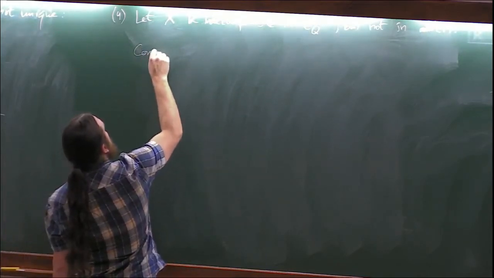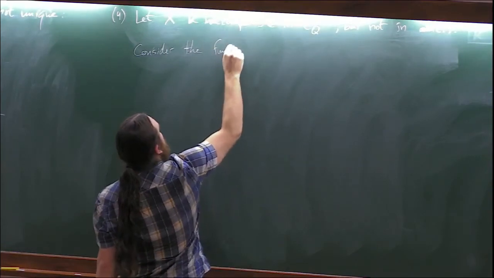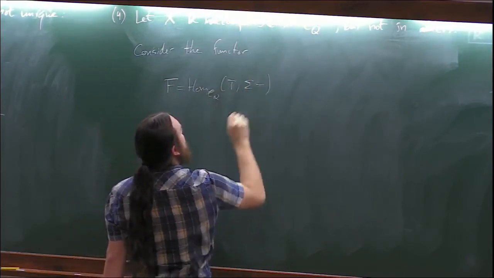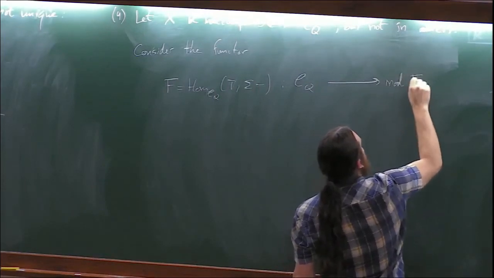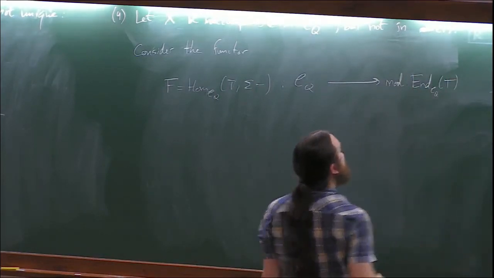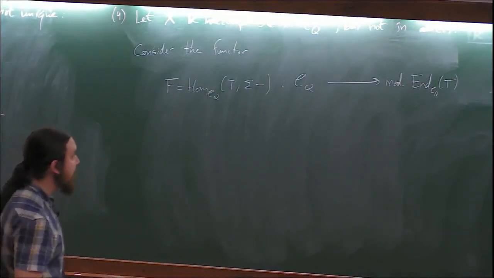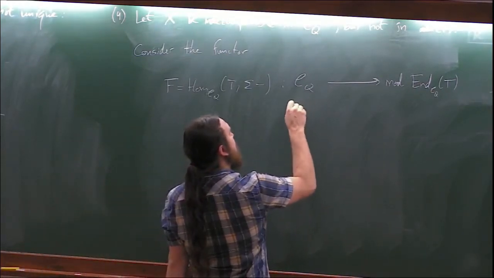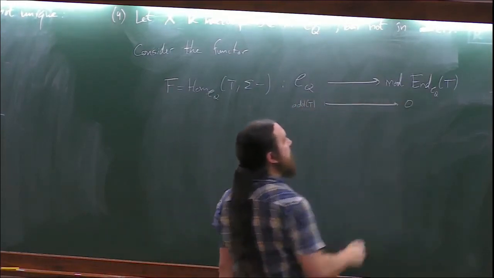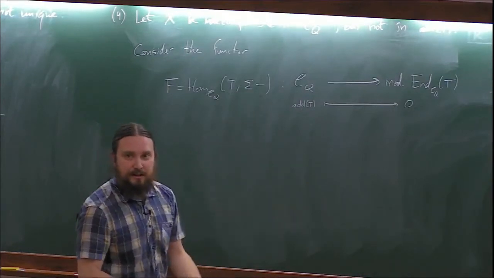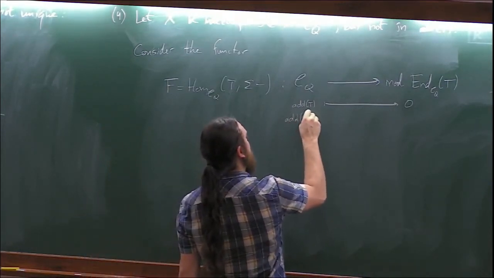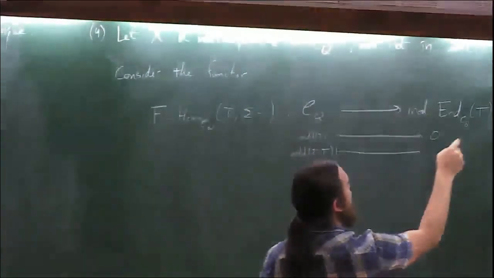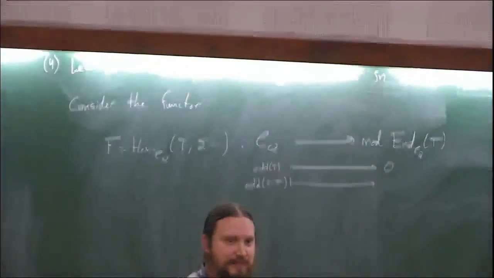So consider the functor F from the cluster category to the module category of the endomorphism algebra of T. Notice that, of course, anyone in add T is sent to 0 because T is rigid, but anyone in add sigma minus 1 of T is sent to a projective module because it is sent to a direct factor of the endomorphism algebra of T as a module over itself.